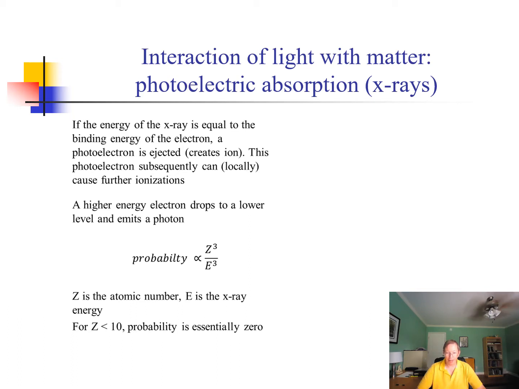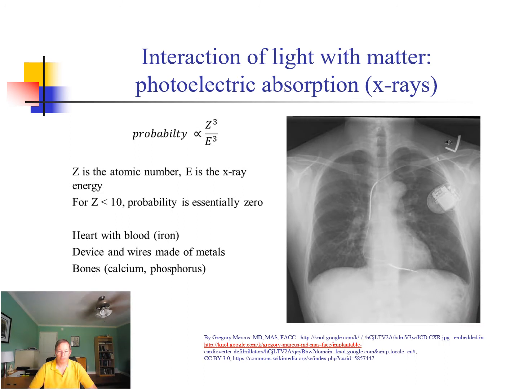For example, calcium, which is present in bone, has an atomic mass that greatly exceeds that of something like hydrogen. So hydrogen effectively will not absorb X radiation to any appreciable extent. So the contrast between where I have something absorbing and something that's not being absorbed is what I'll look at to form my image. So effectively for atoms that are less than 10 in their atomic number, the probability of this absorption is essentially zero and you won't see them.